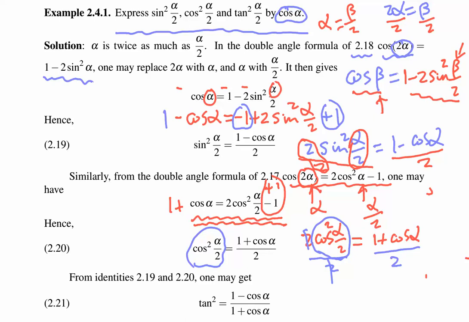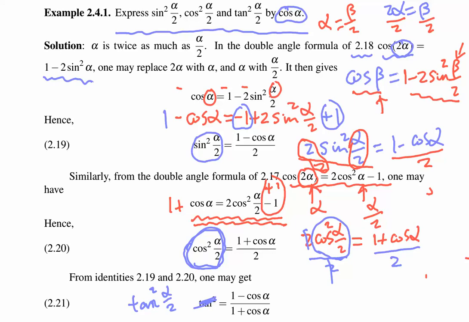Minus sine alpha over 2 squared. Plus cosine alpha over 2 squared. And then using this one as numerator and this one as denominator, you shall have tangent alpha over 2 squared, the ratio of this one over this one.